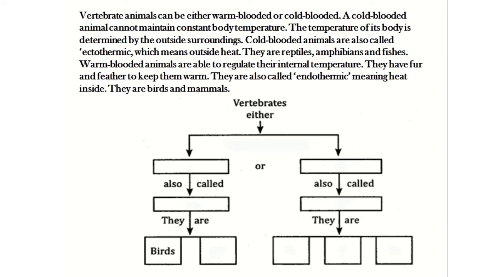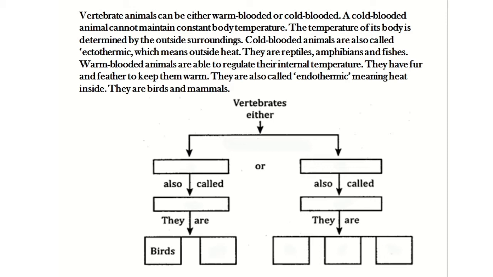Next is your note making activity. Vertebrate animals can be either warm blooded or cold blooded. A cold blooded animal cannot maintain constant body temperature. The temperature of its body is determined by the outside surroundings. Cold blooded animals are also called ectothermic, which means outside heat.